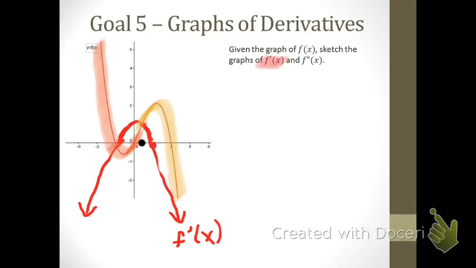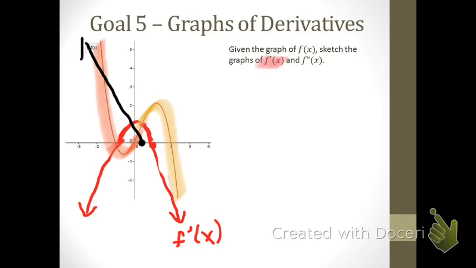Okay, now on that interval where the graph is concave up, from negative infinity to positive 1/2, the second derivative has to be positive there. Now make a note here. The first derivative was a quadratic function, right? Because it was a parabola. That means the second derivative is going to give us a linear function.